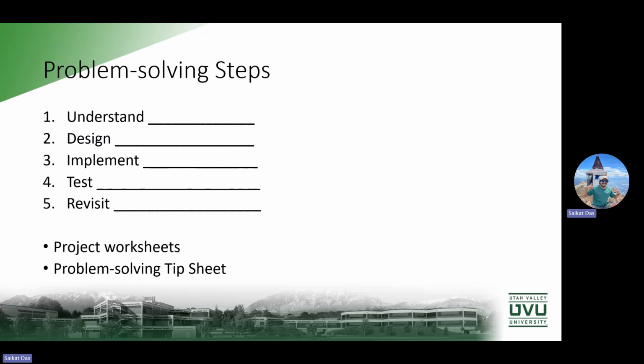Okay, so those are the basic five steps when you're solving any programming problem. Now, if I'm giving you a problem like adding two numbers, what is the understanding part? Two numbers. What are those numbers? It can be a float number, it can be an integer, right? Then design. What are the values?